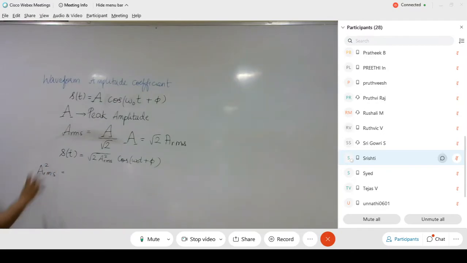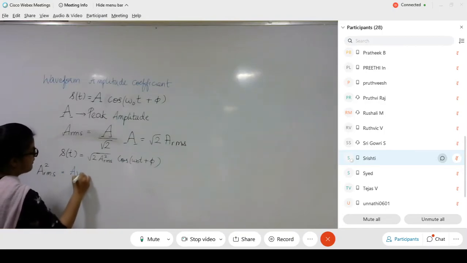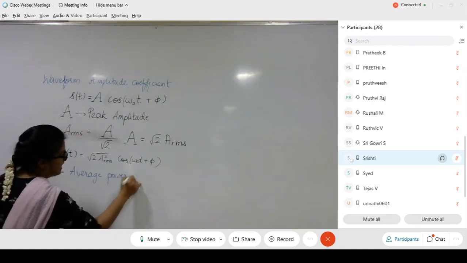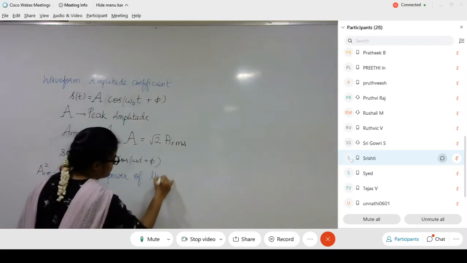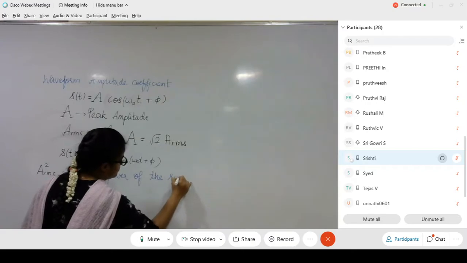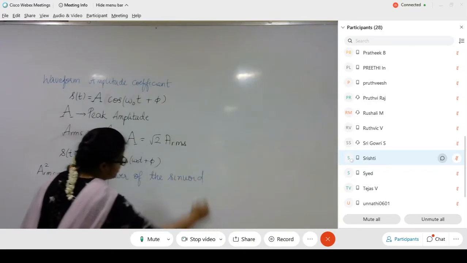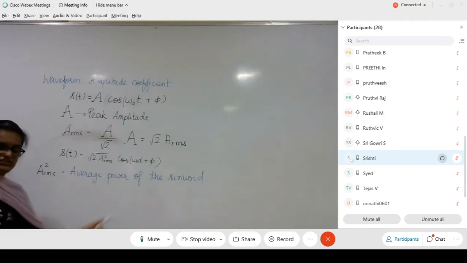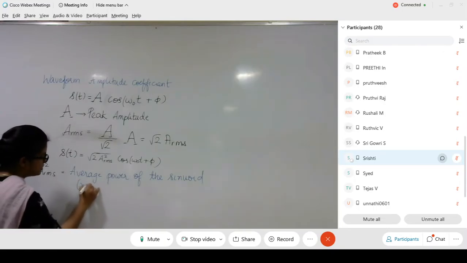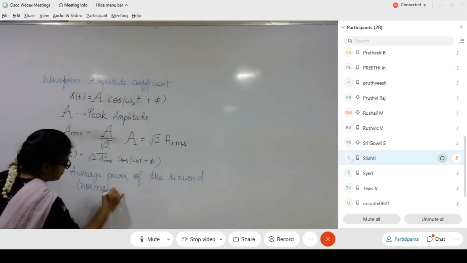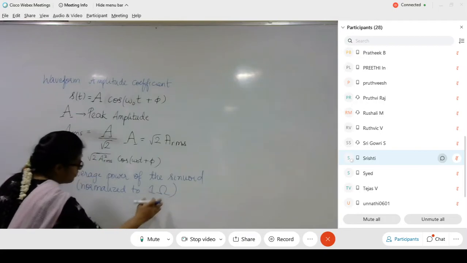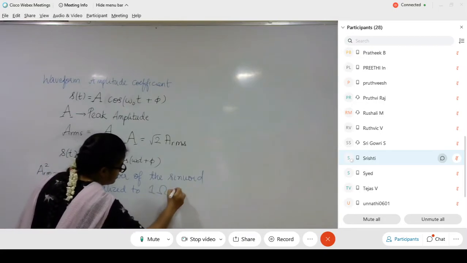The square of the term A RMS will give you the average power of the sinusoid. A RMS square is going to provide the average power of the sinusoid normalized to a 1 ohm resistive load.